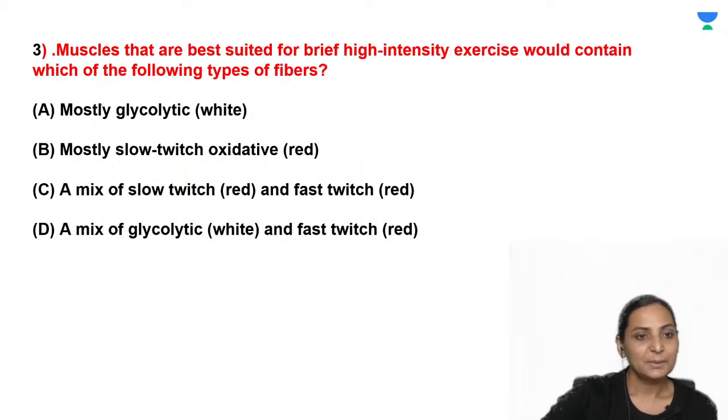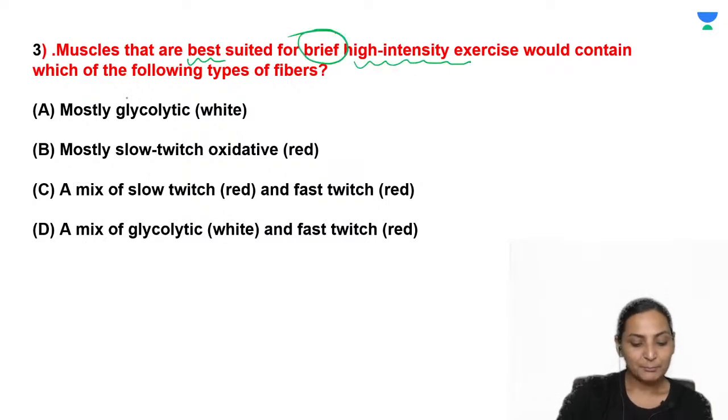Next, muscles that are best suited for high intensity exercise but brief. Brief high intensity exercise contains which type of fibers? Mostly glycolytic, mostly slow twitch oxidative, that is red, or a mix of slow twitch red and fast twitch red, or a mix of glycolytic white and fast twitch.